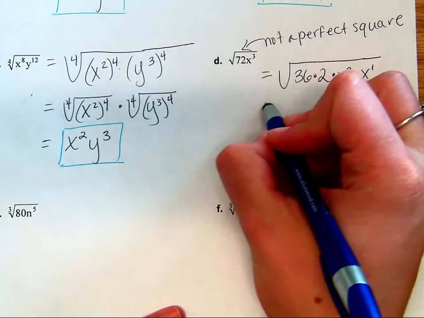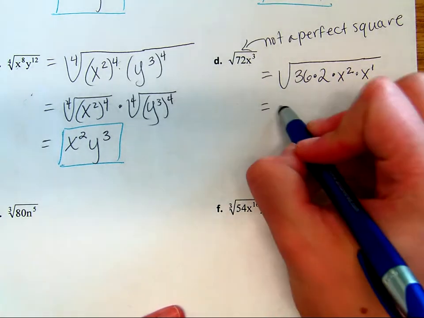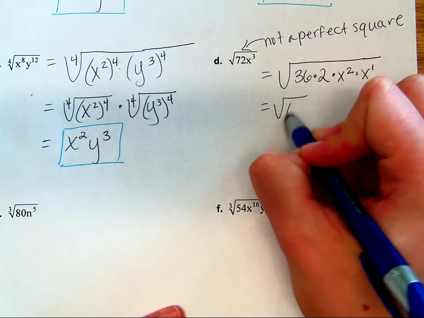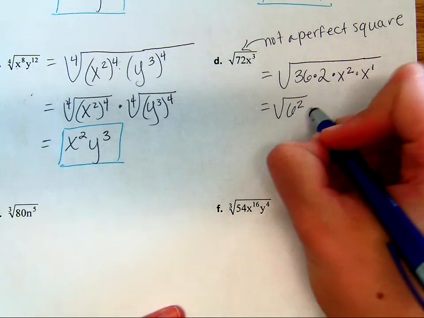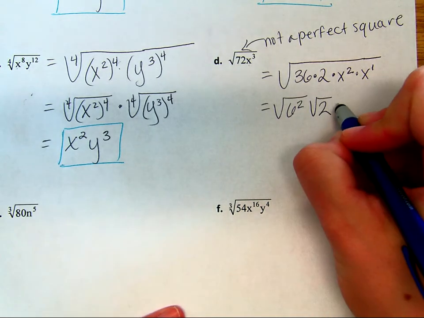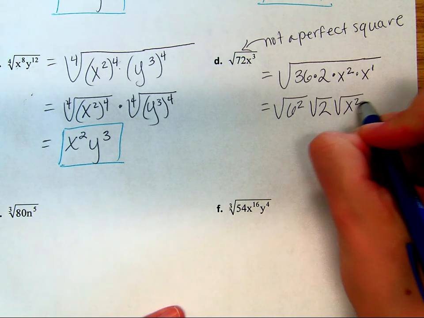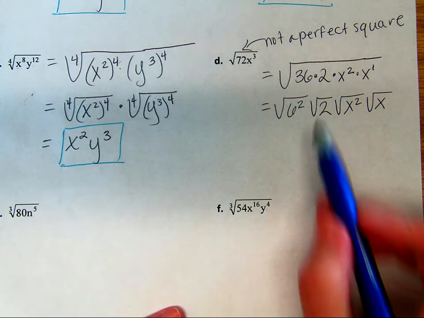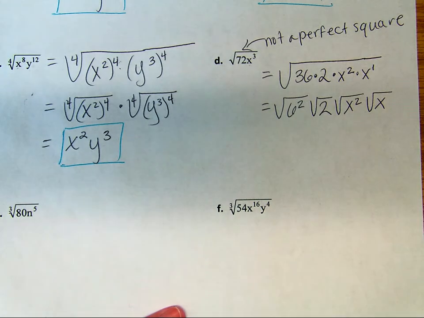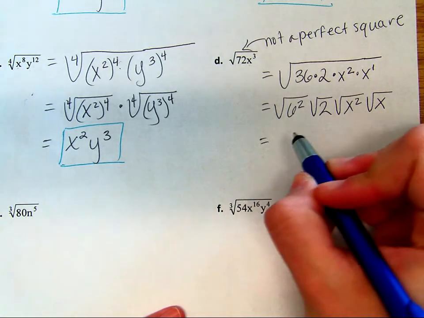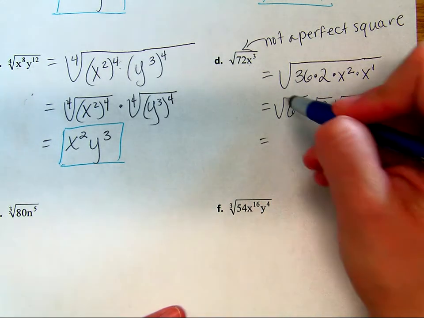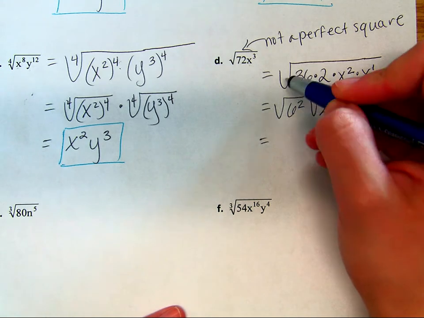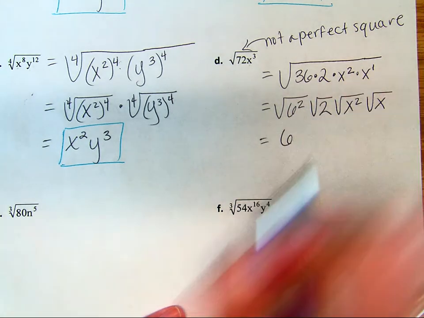Okay, so now I'm going to isolate 36. I'm just going to write it as 6 squared, because that's what it is, times the square root of 2 times the square root of x squared times the square root of x. Okay, so I just broke each of those parts into their own radical using the product property. Okay, the square root of 6 squared, squaring something and taking the square root, inverses, so I'm just left with 6 there.